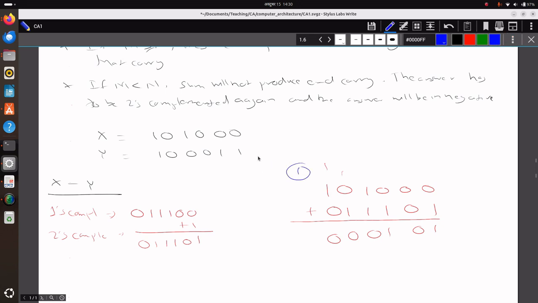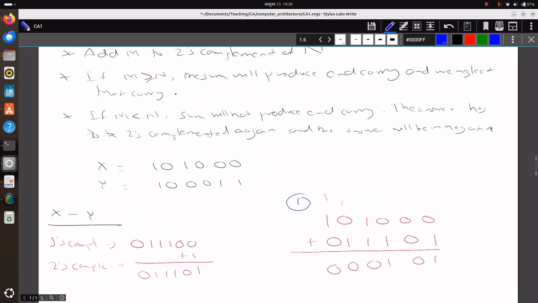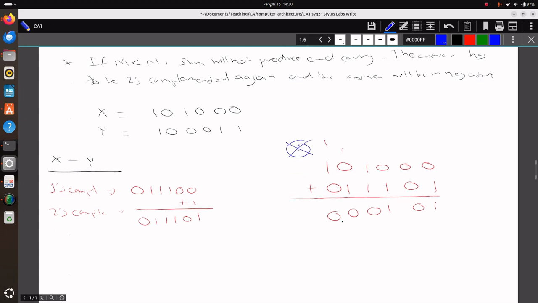If we see rule number 2, since our m, or the value of x, is greater than or equal to n, the sum will produce the carry and we will neglect this carry, which means this will be neglected, and this is our result.